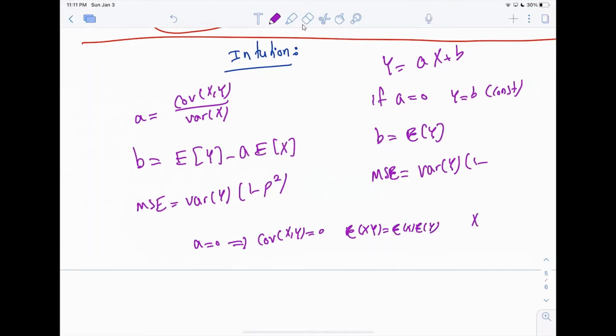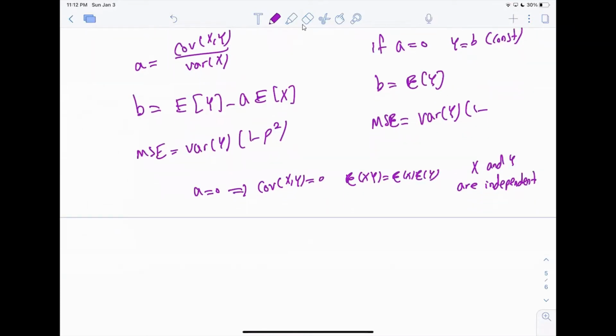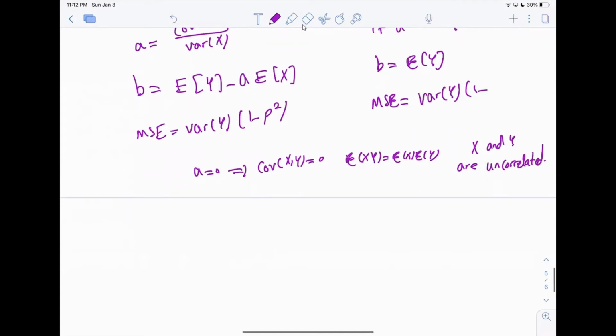It means that x and y are independent, or they are uncorrelated, let's say. So remember, note, if x and y are independent, then they are uncorrelated.